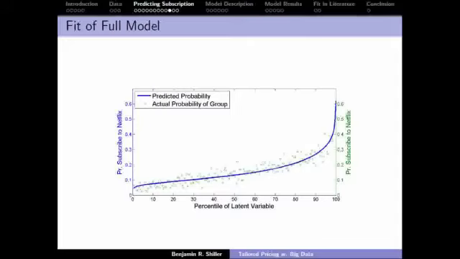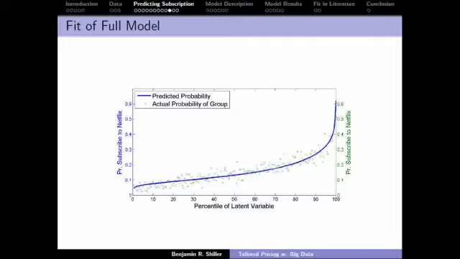So what I do here is, based on my model's predictions in a holdout sample, I order individuals according to the model's prediction of the probability that they subscribe to Netflix. I then put them in groups. So I put them in 200 groups. So the first group are the 0.5% of people least likely to subscribe to Netflix according to my model, and then I create a number of identical groups.